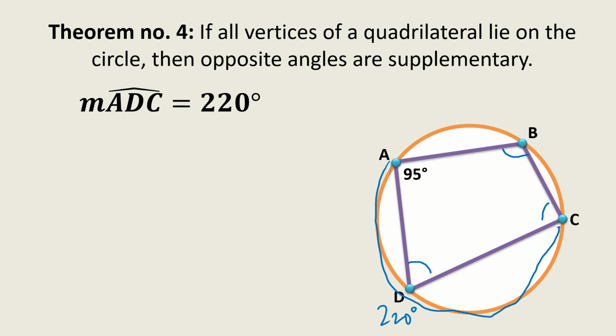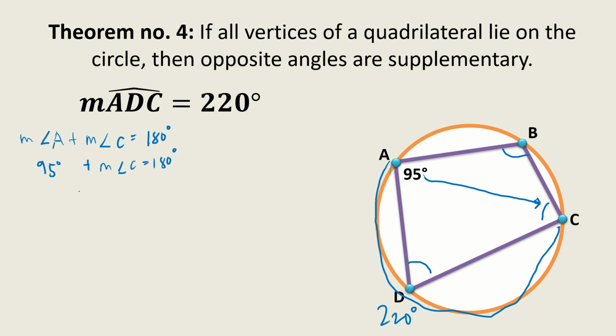Okay po? Unahin na natin si A kasi may given na angle A. Si angle A po, ano ang angle na opposite sa kanya? So, ang opposite angle A ay si angle C. So, that means if we get the measure of angle A plus the measure of angle C, it is equal to 180 degrees. So, again, bibigay sa atin na angle A is 95 degrees plus the measure of angle C is equal to 180 degrees.